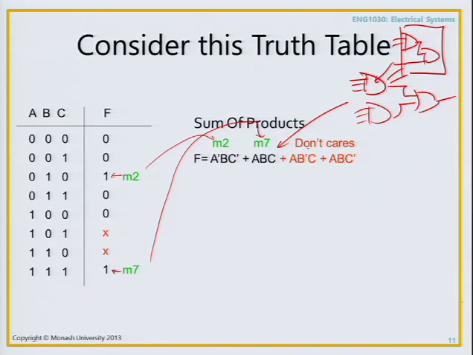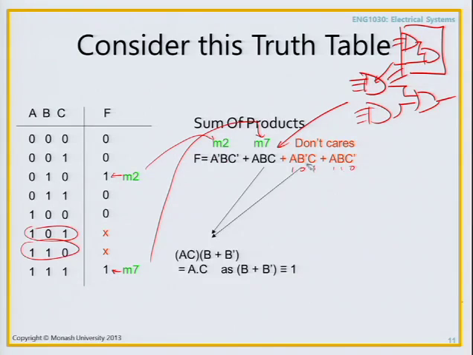I've got 2 red rows here, which are don't cares. This don't care over here, 101, is represented by this min term, and this 110 is represented by this min term. How does this help us? Well, if I have these 2 min terms, I can do a little bit of algebraic simplification.